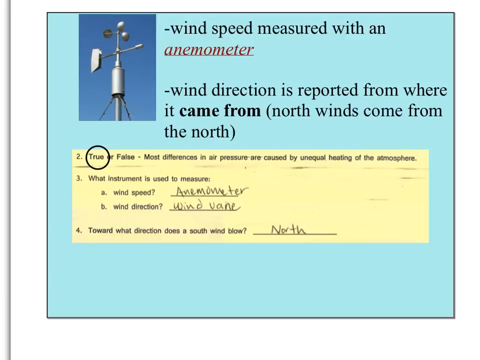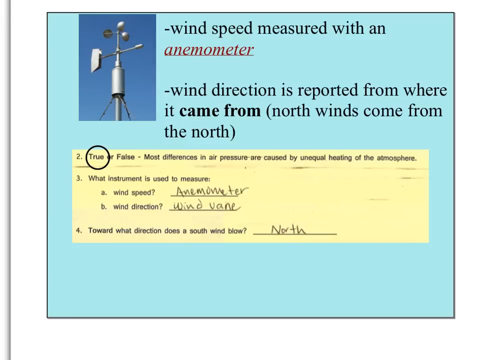So it says here that wind direction is reported or named based on where the wind is coming from. So if I say I have a strong north wind, that means that the wind is blowing out of the north. Number 4 on your reading guide says, toward what direction is a south wind blowing? So it's blowing from the south, which means it's blowing then towards the direction of north.